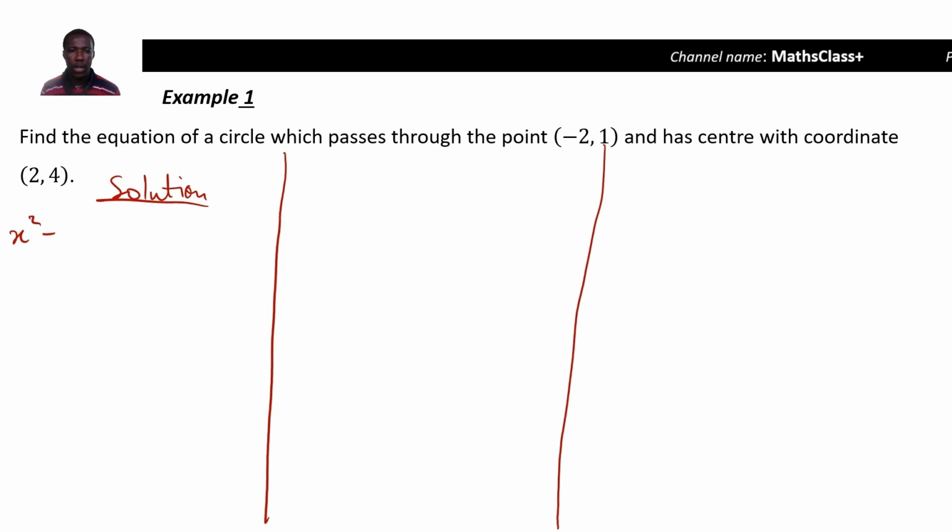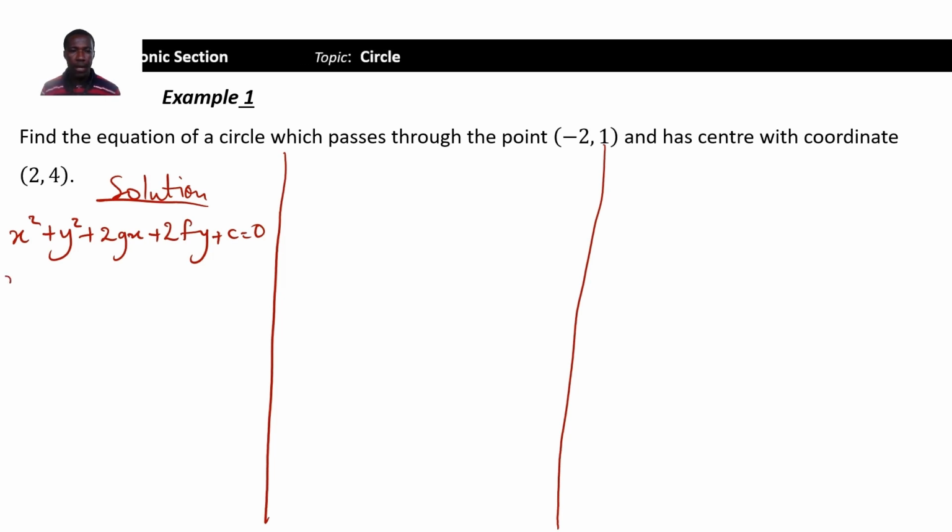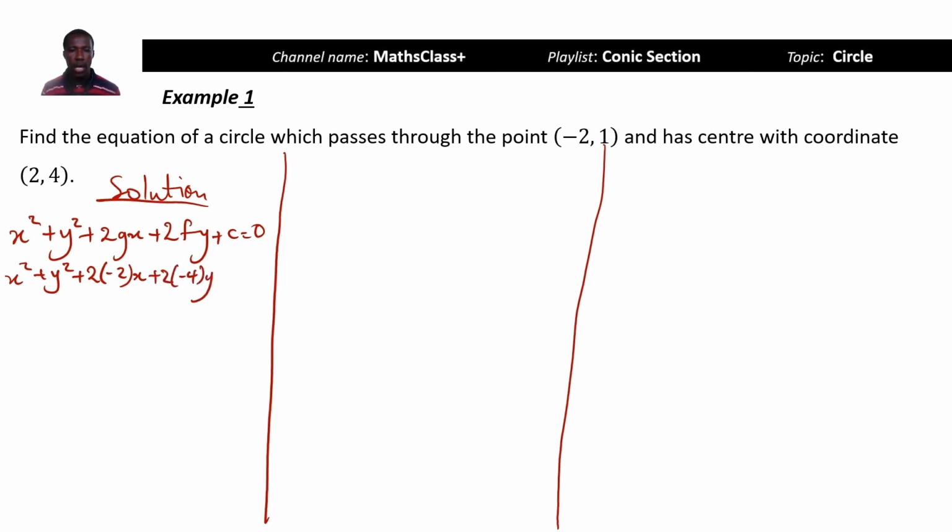So we have x² + y² + 2gx + 2fy + c = 0. So if we decide to substitute the center first, noting that g is negative a and f is negative b, we will have x² + y² + 2 times negative 2x + 2 times negative 4y + c = 0.